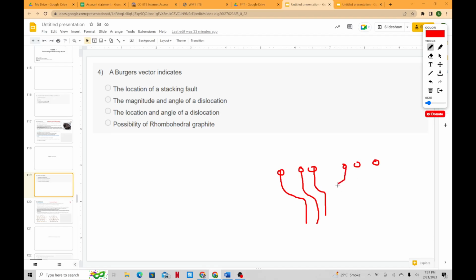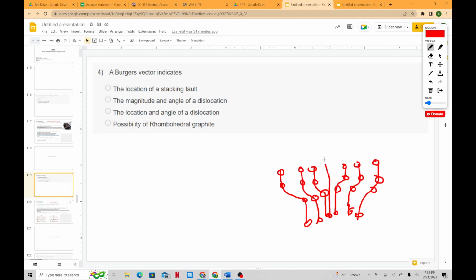My diagram is not very good, but do you guys remember something from this diagram? What kind of dislocation is it? Anybody? Screw dislocation. Screw dislocation. Are you sure?